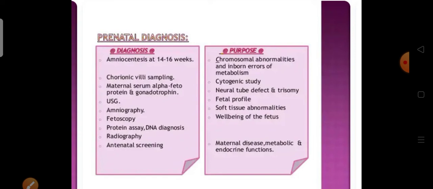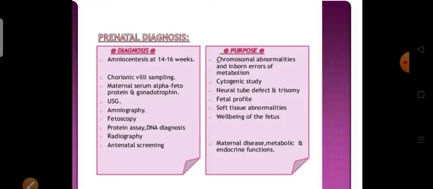Next, chorionic villus sampling for cytogenetic study. Next, maternal serum alpha fetoprotein and gonadotropin, to find out neural tube defects and trisomy of the chromosomes. Next, USG, ultrasonography, to find out the fetal profile completely. Amniography, fetoscopy, protein assay, DNA diagnosis, radiography. These are all for the well-being of the fetus.